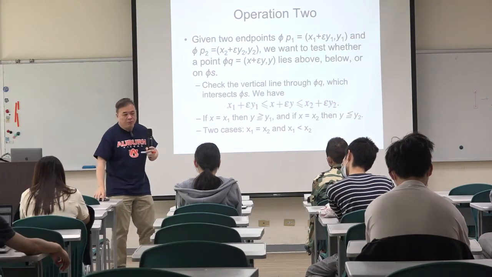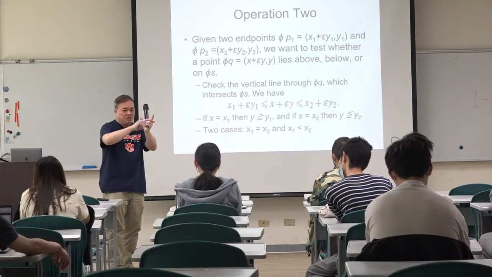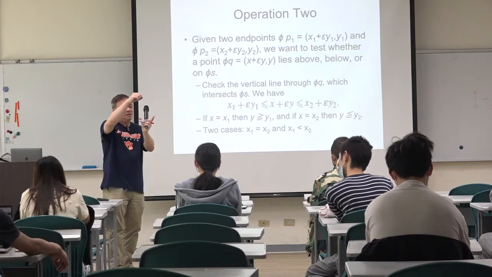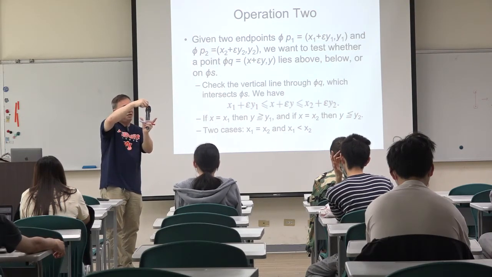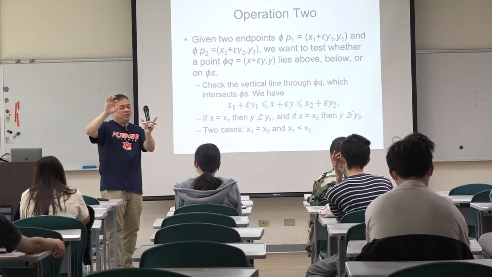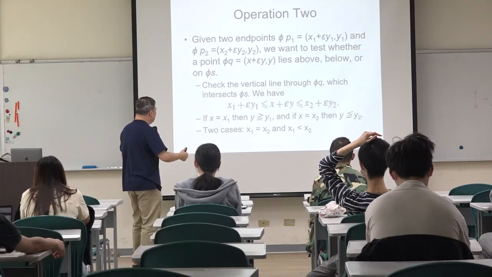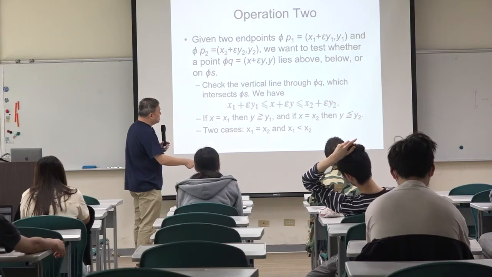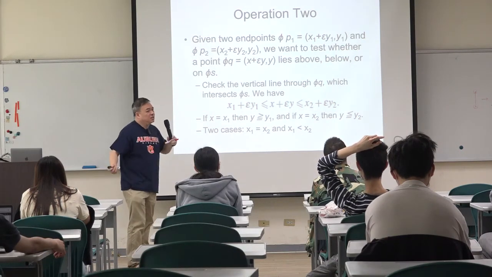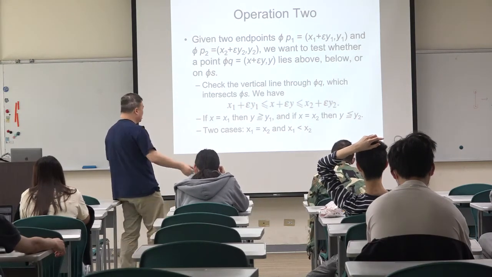Remember, when you check if a point is above or below a segment, the point must be above or below the segment. It's never going to be on the segment in that sense. It will never happen. So if it's a vertical line, that point must be on the segment. Or if x1 is smaller than x2, it's a regular case, just do it very easily. Again, you don't need the epsilon value at all.